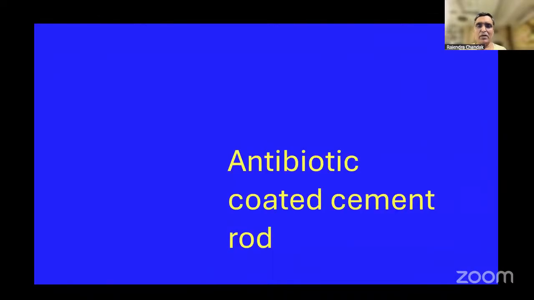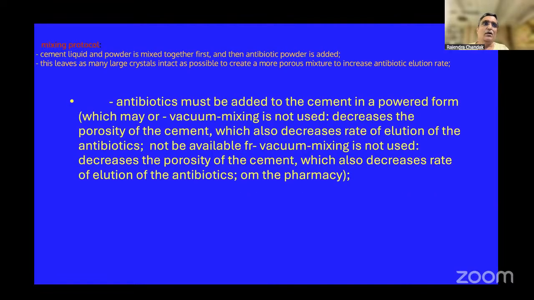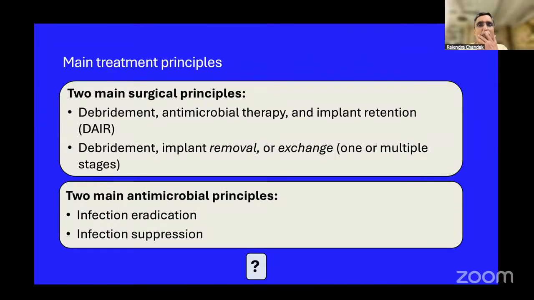Most commonly used treatment principle after an established infection, which is actually a chronic infection nowadays, we will be using in a nail, is an antibiotic coated rod. However, when we want to manage an acute infection after a nailing procedure, two main principles we use.